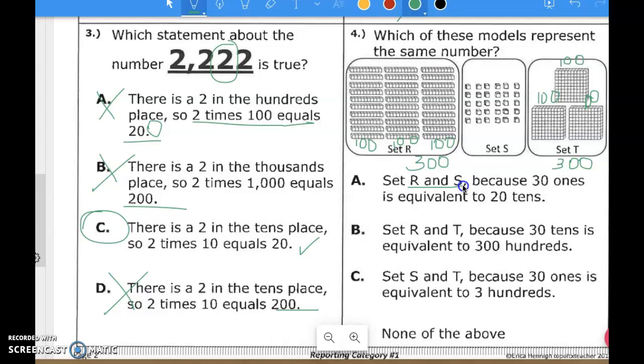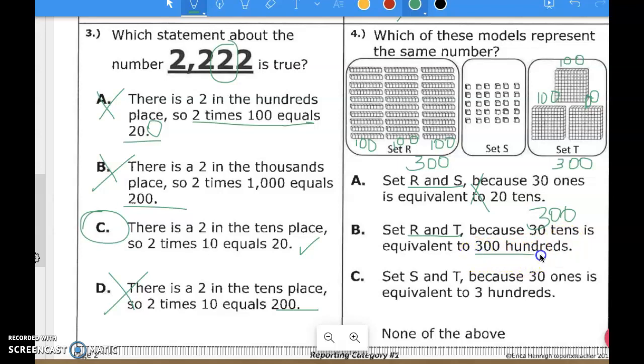Set R and S, no. Set R and T, yes. Because 30 tens is equivalent to 300 hundreds.